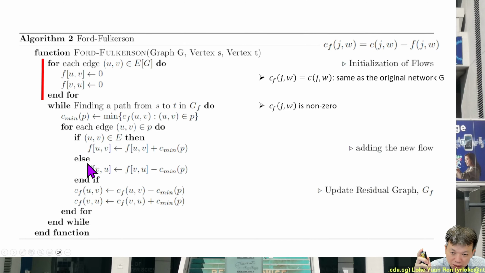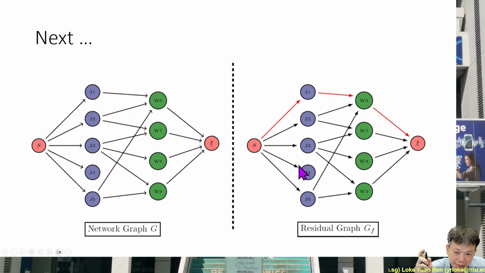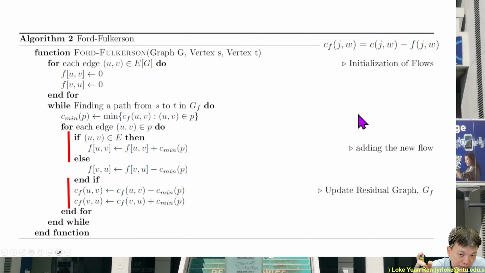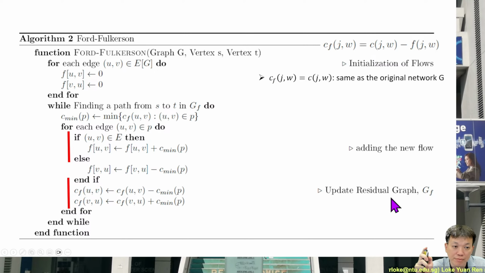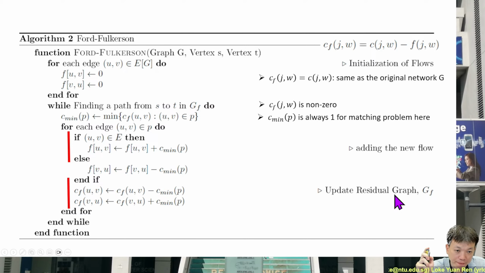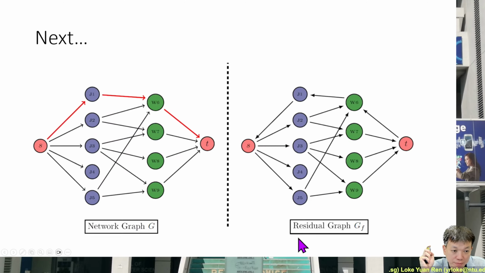That is what this part is trying to do. And then you need to update the path. Here I update the residue graph along the path. That's why I said this C minimum is always 1 for the matching problem.